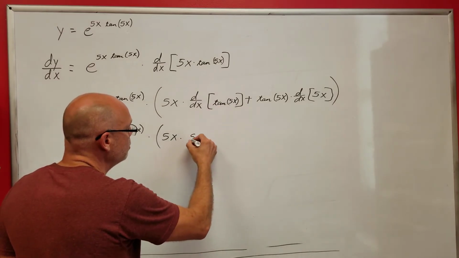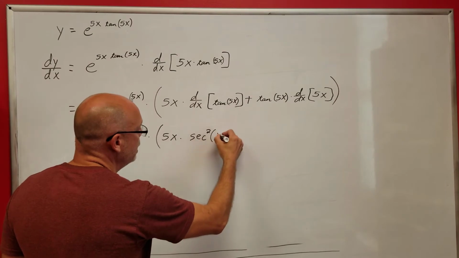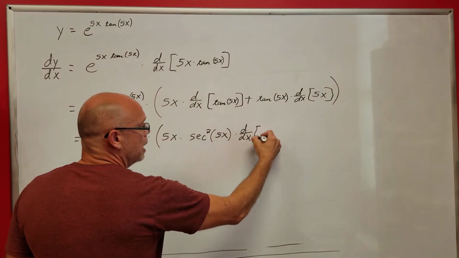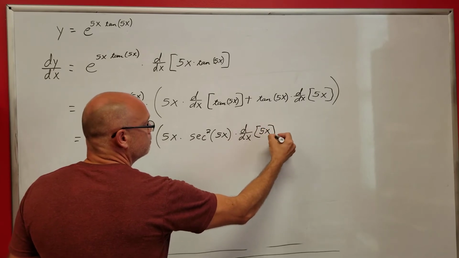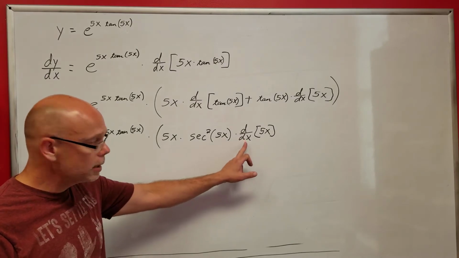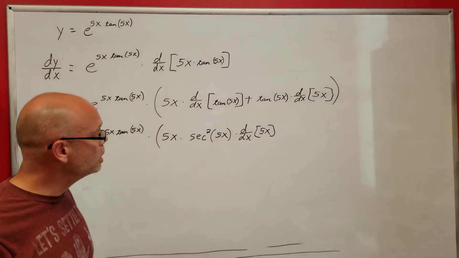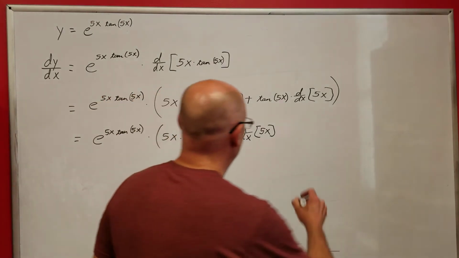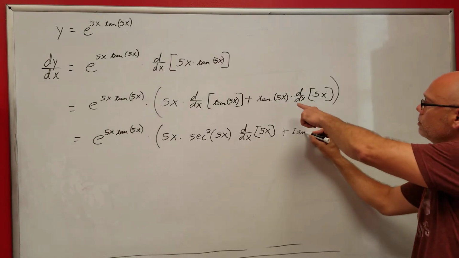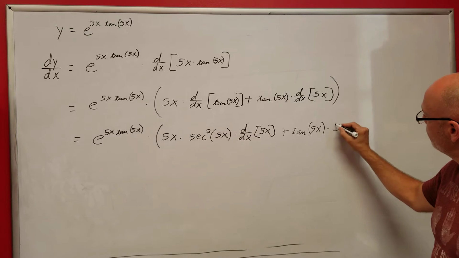Derivative of the outside, which is secant squared, at the inside, at 5x, times the derivative of the inside. Now, if you're having trouble with this chain rule stuff, and you're not writing down this d over dx notation, I advise you to do so. It makes it so much easier. All right, plus, bring down this tangent of 5x. Now, derivative of 5x will be 5.